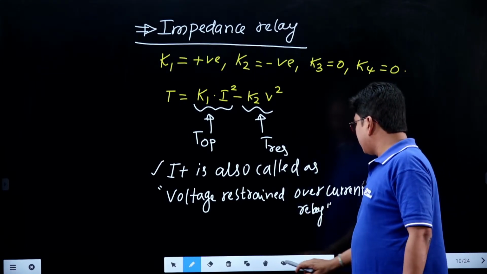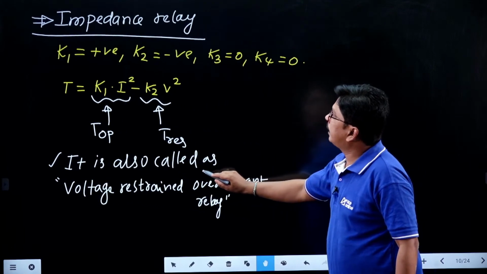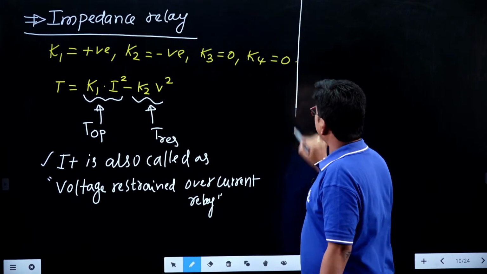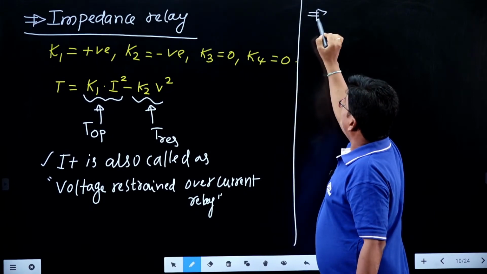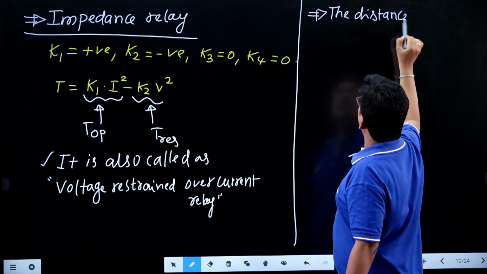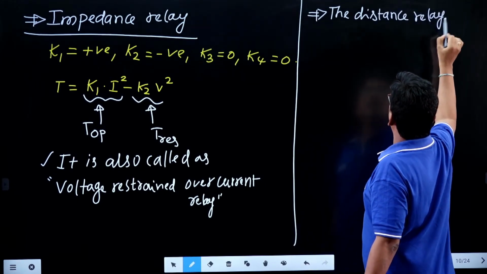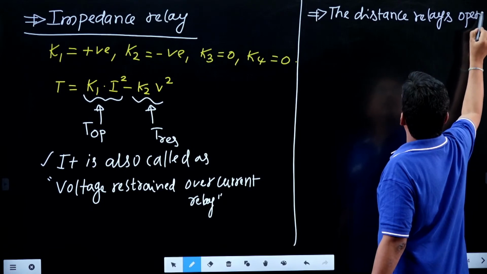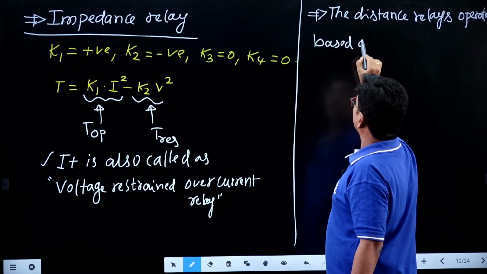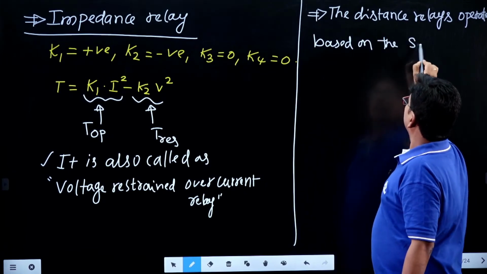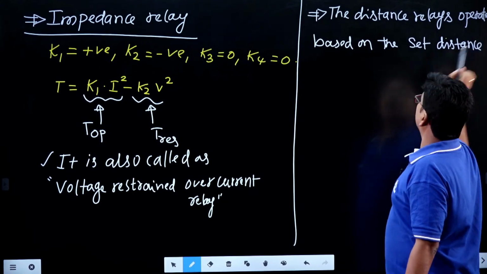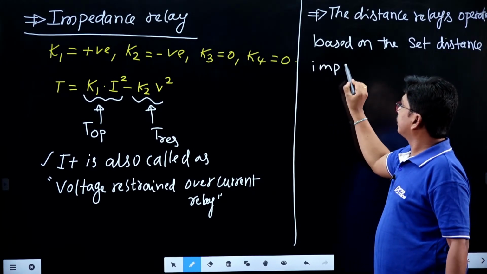So the distance relays operate based on the set distance impedance value.